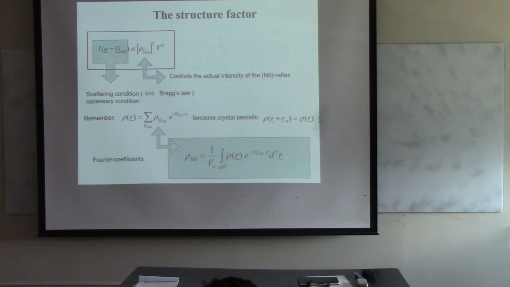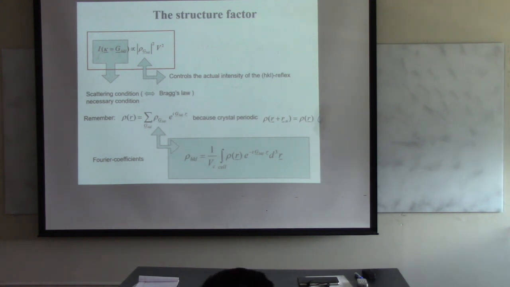You can only write this if you have a periodic function. So if you compare these two, here you have delta k, so you can say delta k is nothing but g, right? This is the same as Bragg's law, 2d sine theta equals n lambda.